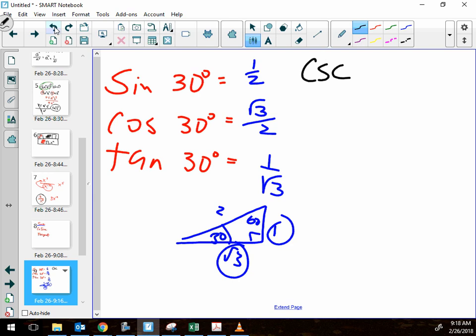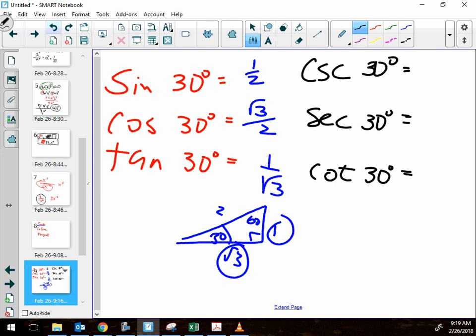That goes with cosine. And then what's the one function we knew was going to be there, but we haven't written down yet? Cotangent. That goes here. Now I'm going to ask you to do the cosecant of 30, the secant of 30, and the cotangent of 30.